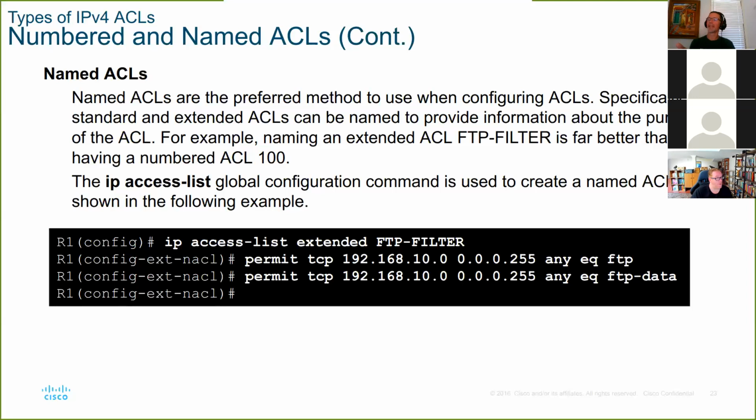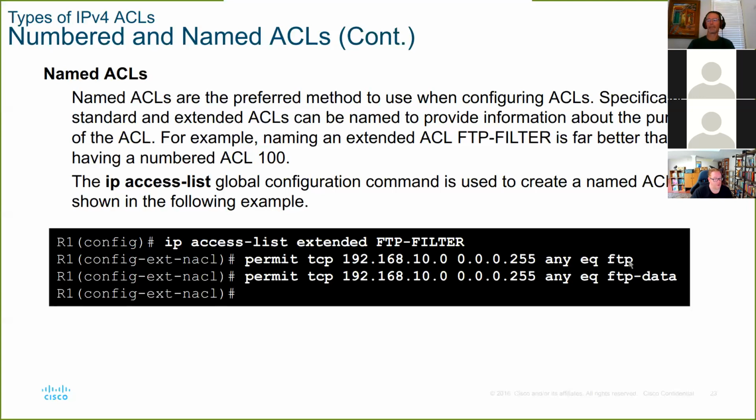One of them is the data port, the actual file that's being transferred, and the other one is the control port where the communication, I'm ready, send me more, start the session, tear down the session, but not the data. So we've got to allow both to happen in order to allow FTP completely.